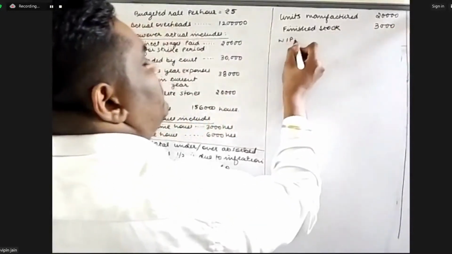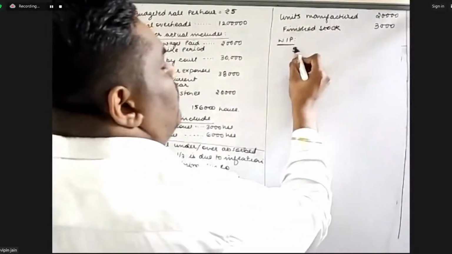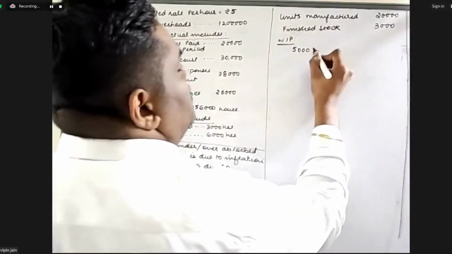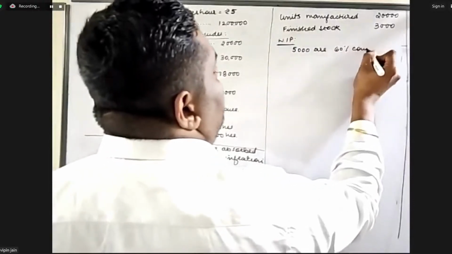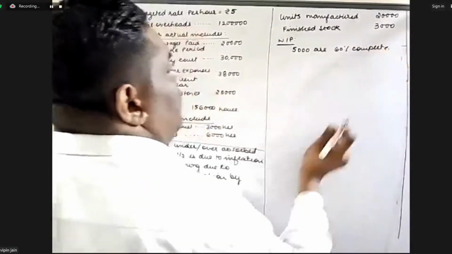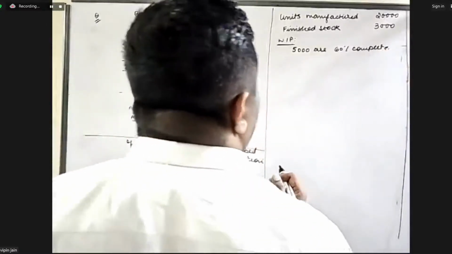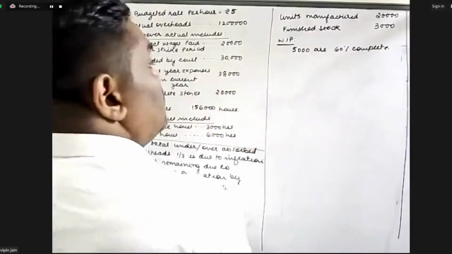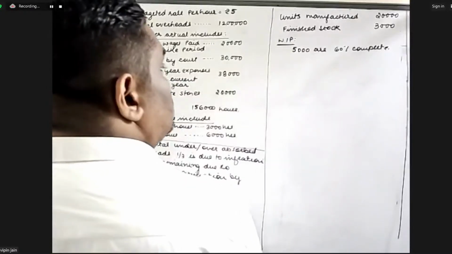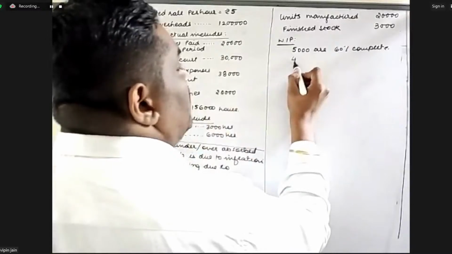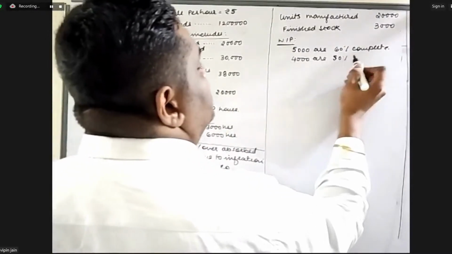Further, work in progress information is given in the question, that is 5,000 units are 60% complete and 4,000 units are 50% complete.